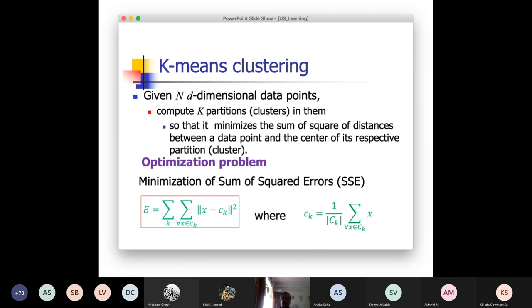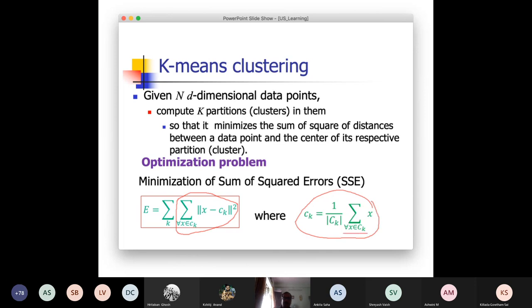Consider each individual partition: whatever elements belong to that partition, take the sum of squares from its mean. This is for an individual partition, right? You are taking the sum of squares from the mean. This is C_k, the mean of that partition.